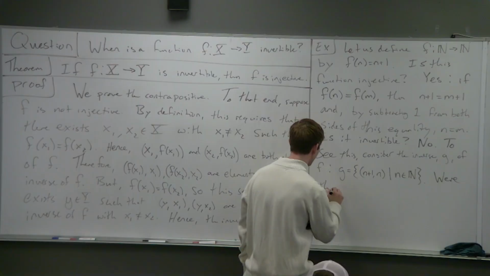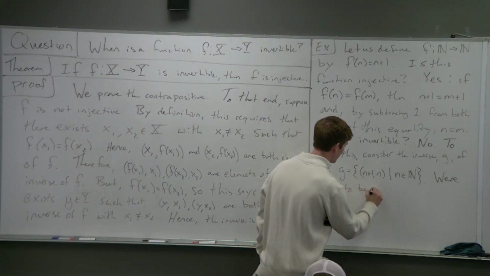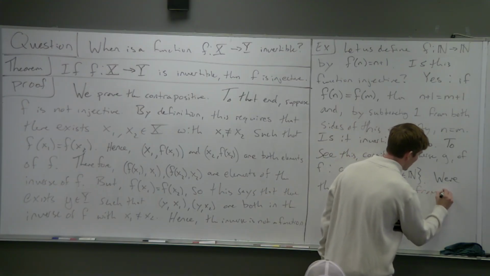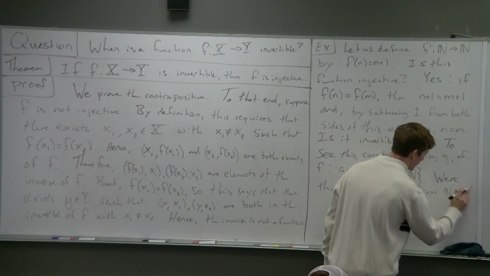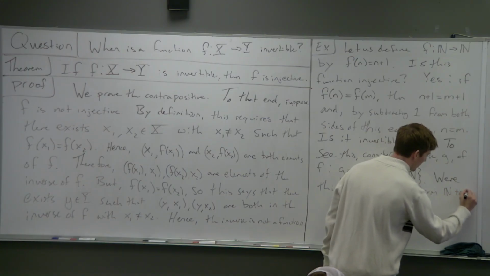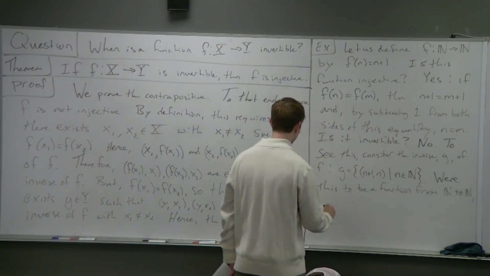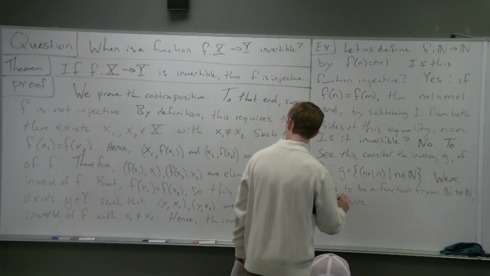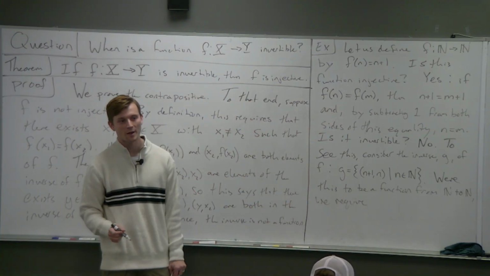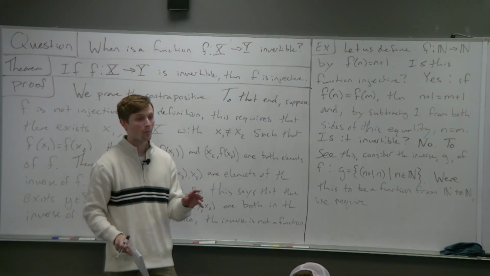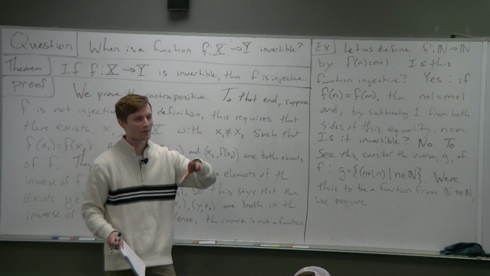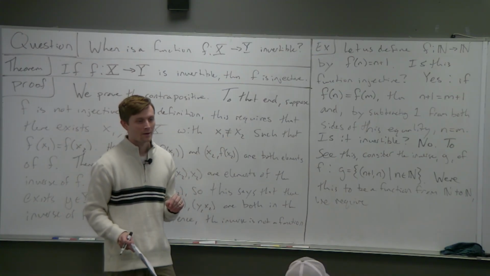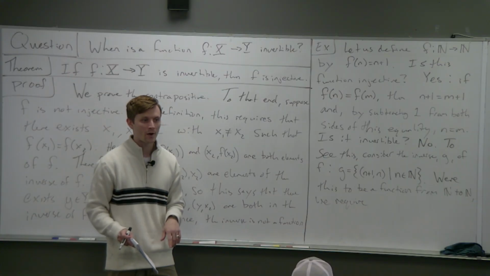Were this to be a function from N to N, we require, well, the two things we just had up there. First, we require that no input gets mapped to two different things. Nothing has two arrows going out of it. We also require that everything has one arrow going out of it.